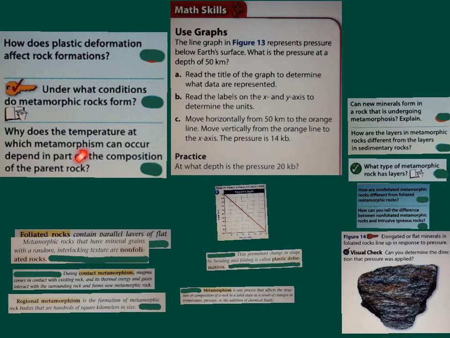How does plastic deformation affect rock formation? That would be that one, or this one here. Why does the temperature at which metamorphism can occur depend in part on the composition of the parent rock? Okay, so make sure you're picking one of these two and this one, writing them in your science journal and answering them, please.